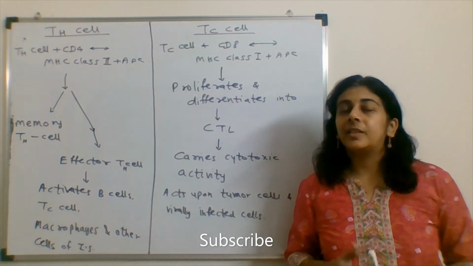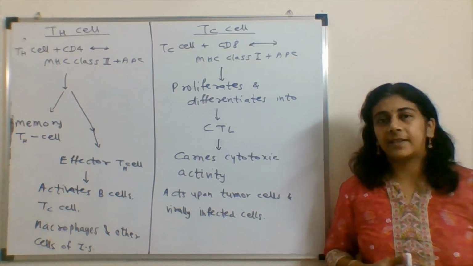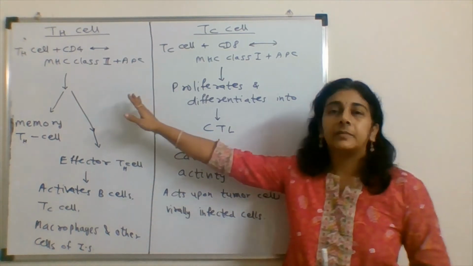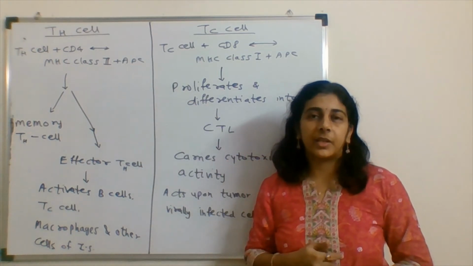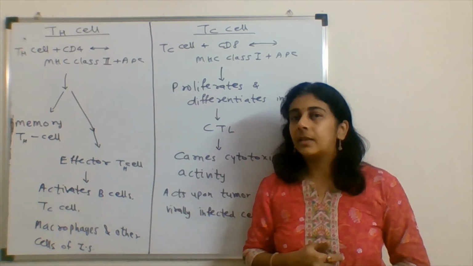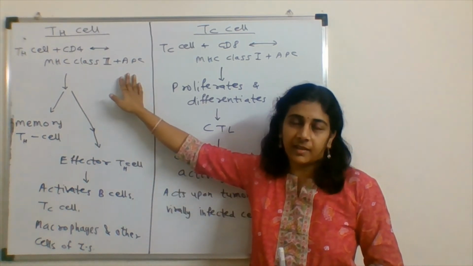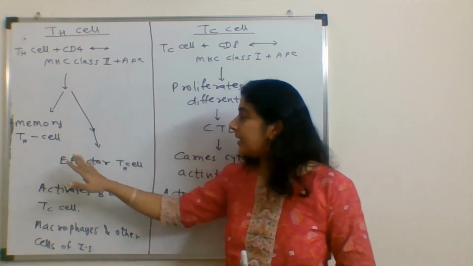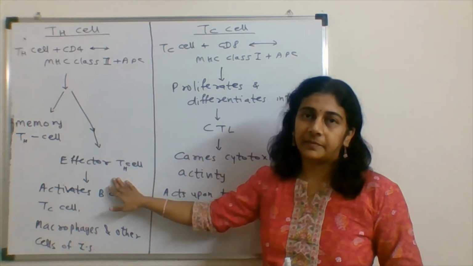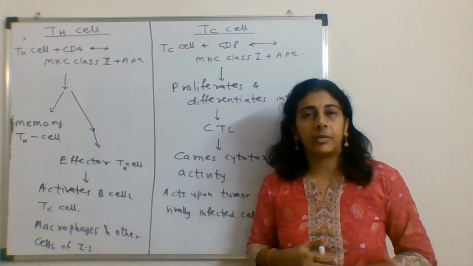Moving further to understand the action of T cells. See here, when the T helper cell gets activated after presentation of antigen with the class 2 MHC on the antigen presenting cell, it divides into memory T cell and effector T cell. Now this effector T cell secretes cytokines.